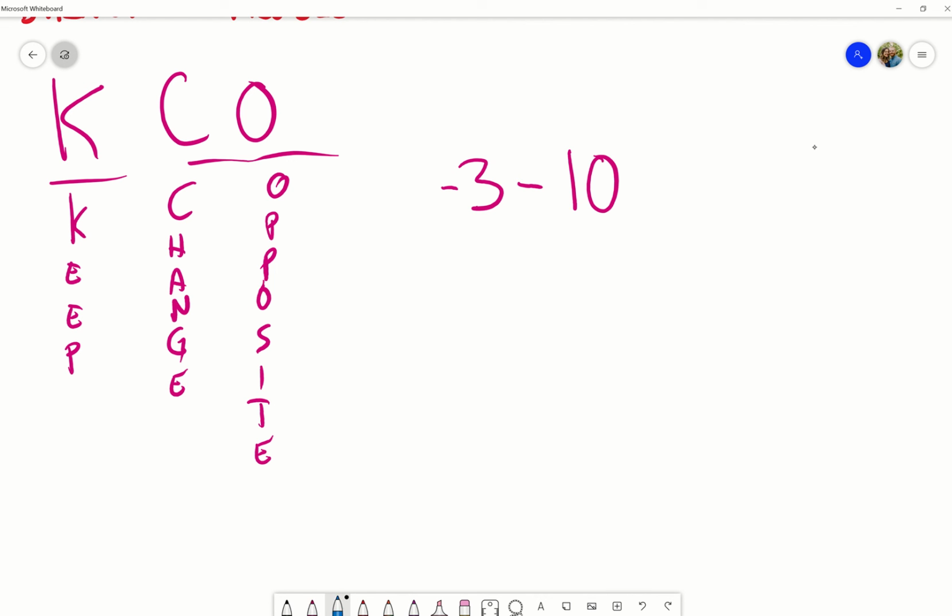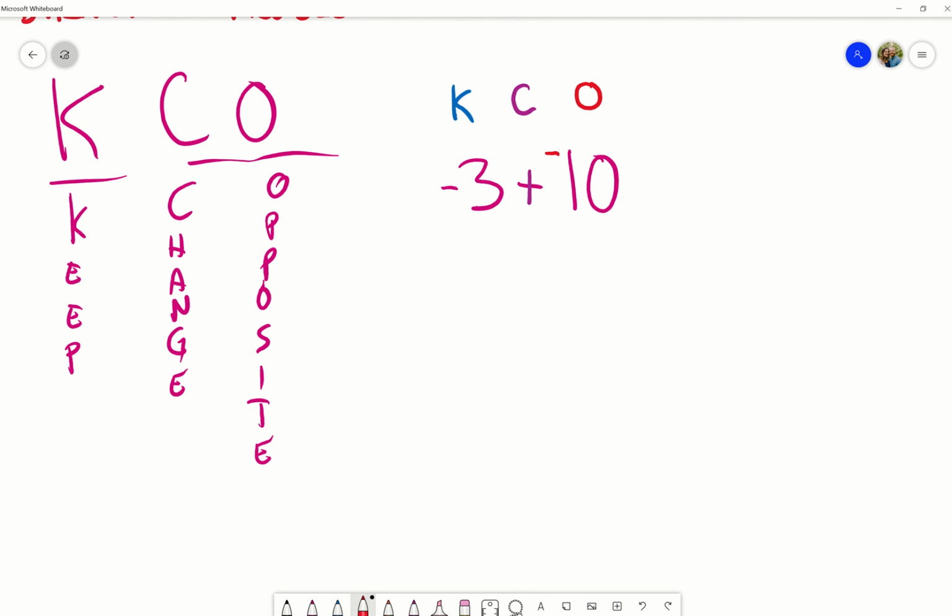I'm going to keep my first value, keep it exactly the same. I'm going to change my subtraction sign to an addition sign. And in order to do that, I need to make my second number into its opposite. And the opposite of a positive is a negative.